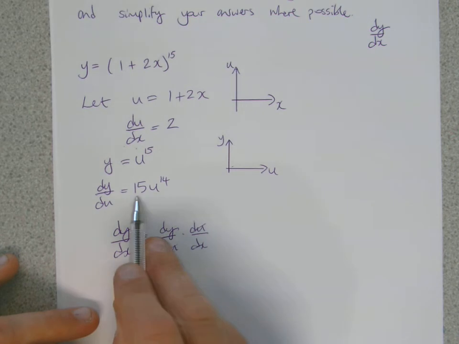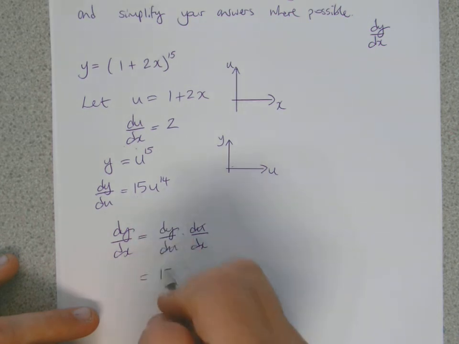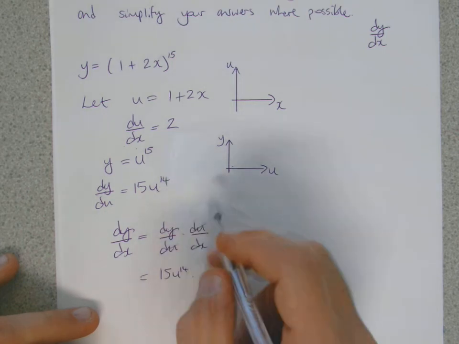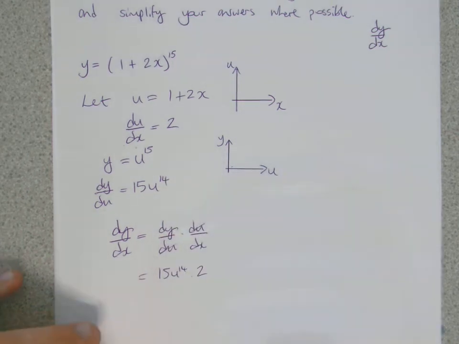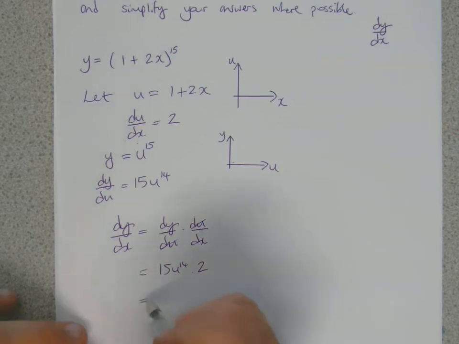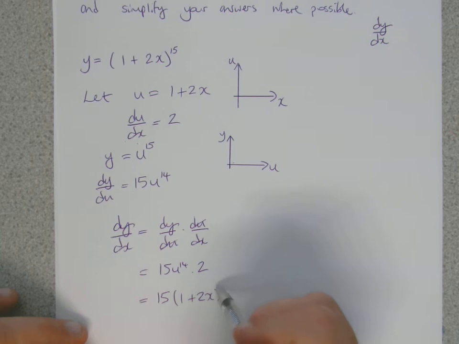I've got 15u to the power 14, that's dy du, times du dx, which is 2. Finally, I want it in terms of x, because that's what we want, the function in terms of x. So I've got to replace the u back. Remember, u is 1 plus 2x. So write it back in, to the power 14, times 2.